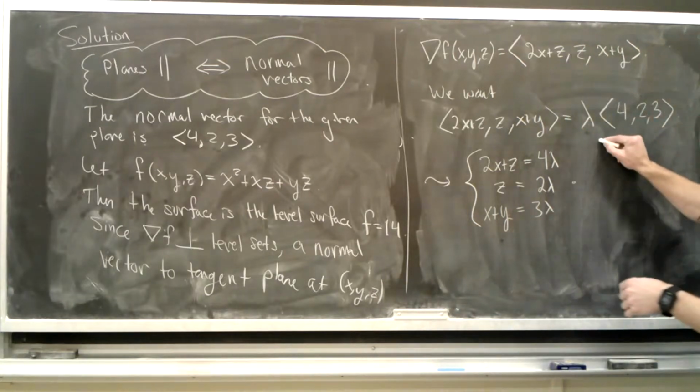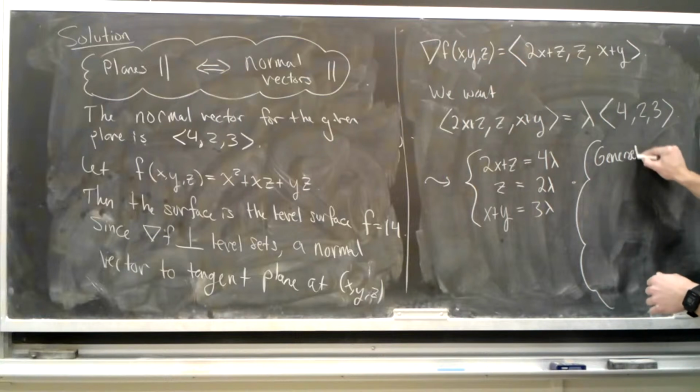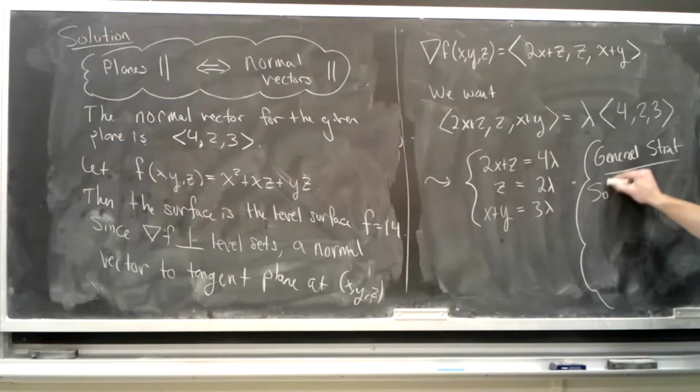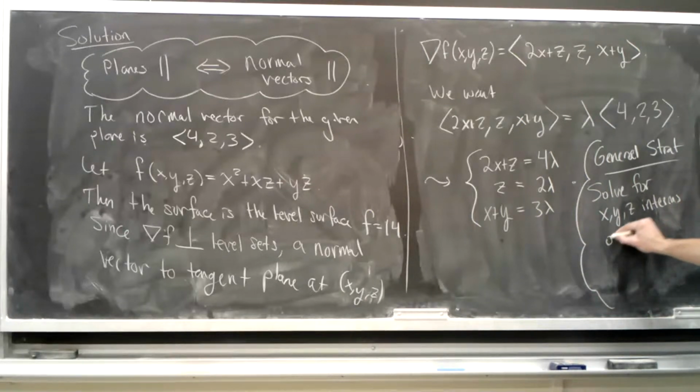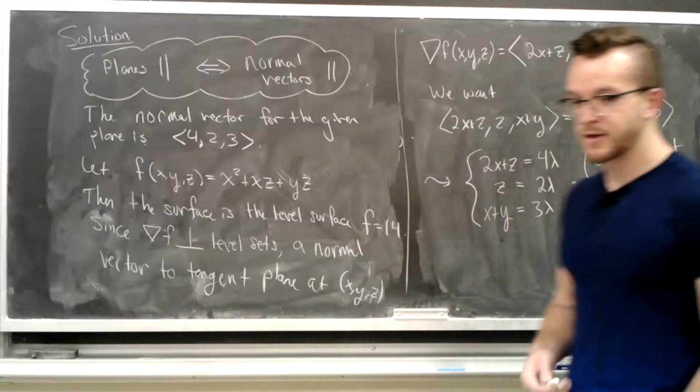Let me write that down. General strategy: solve for x, y, z in terms of lambda. Then plug into surface equation. That's what I'll do.